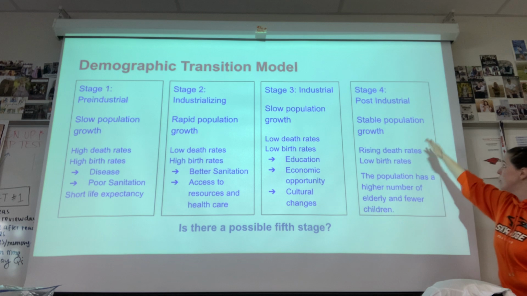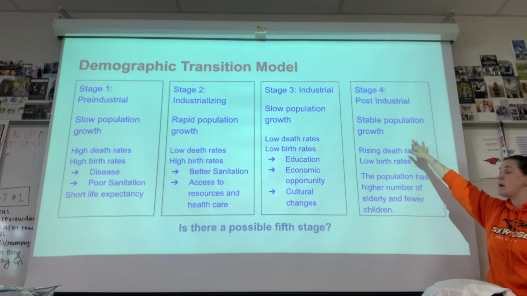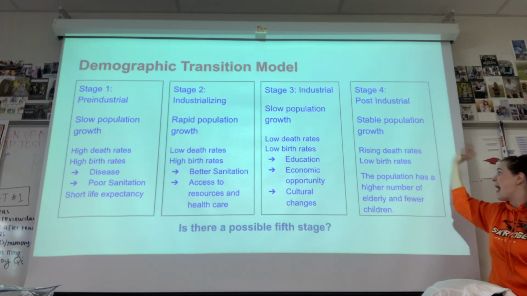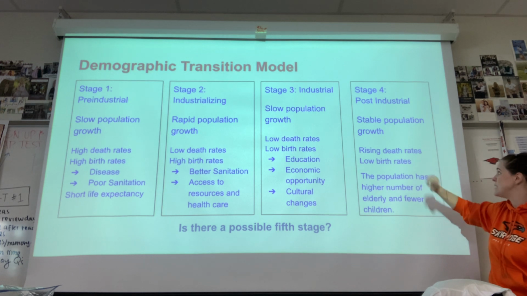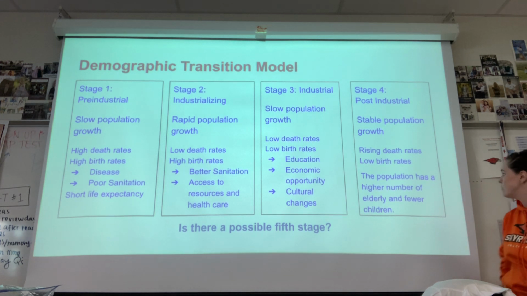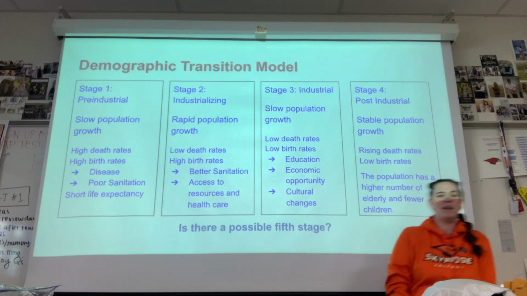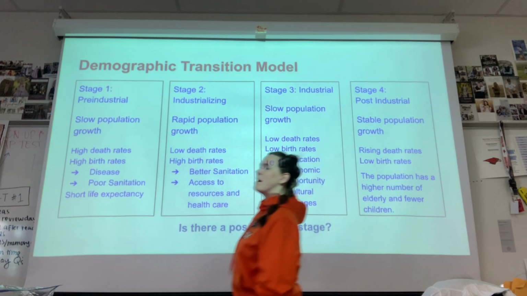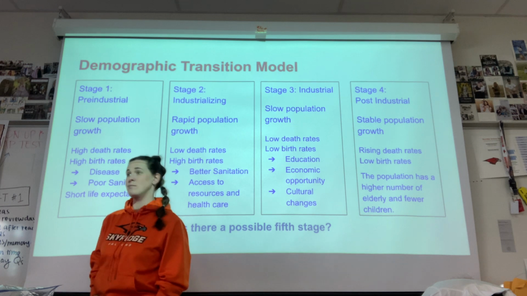And then we have stage 4, which is where the population does not grow at all. So we have rising death rates, we have low birth rates, and the population has a higher number of elderly and fewer children, which is what we're heading to right now. A lot of people of my generation are like, you know what, I don't want to have kids, which is totally fine.